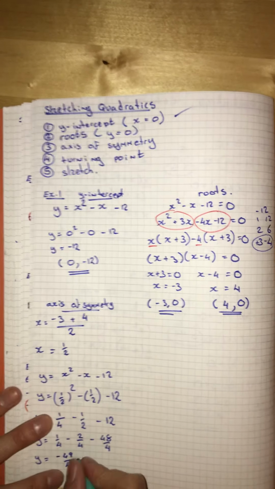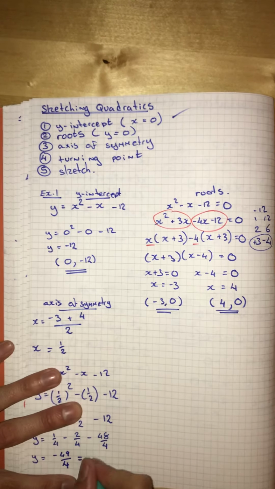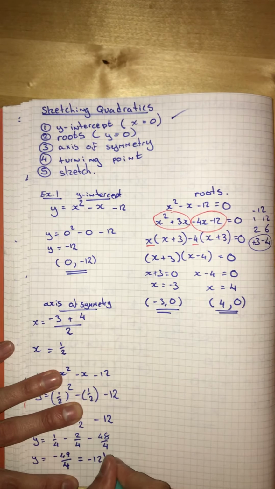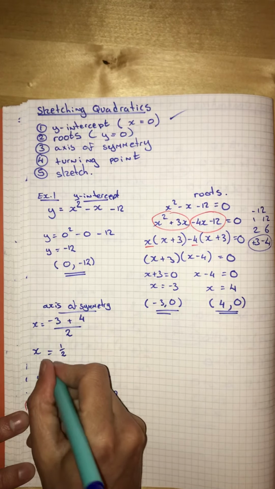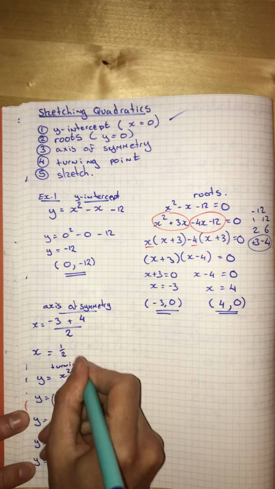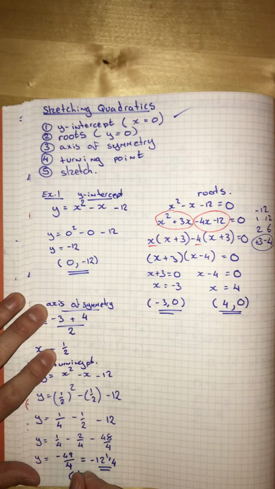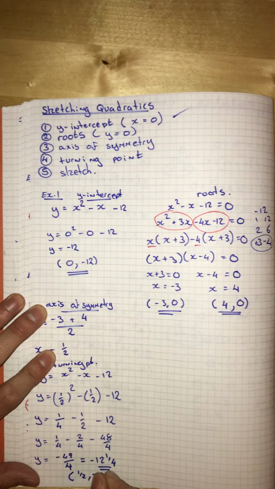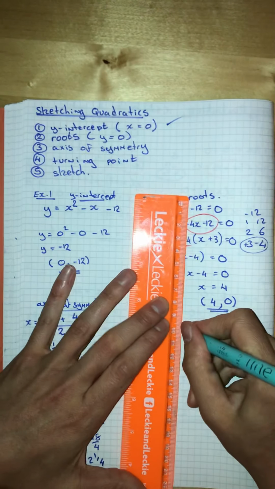It's not the most easy of numbers to deal with, but it's okay, which is going to be negative 12 and a quarter. So our turning point will be a half, negative 12 1/4. So now we can sketch it.